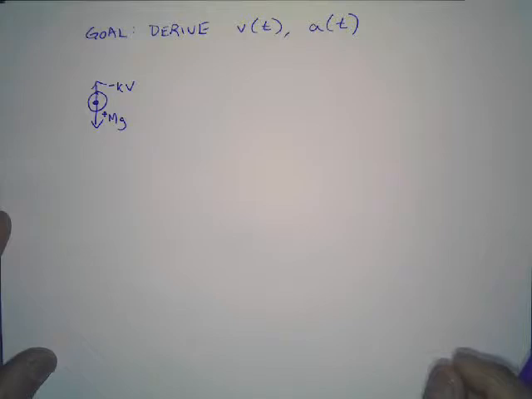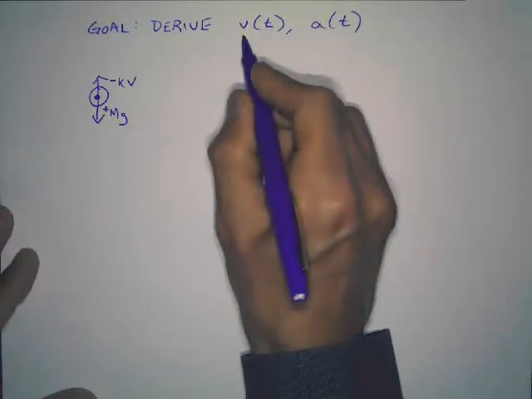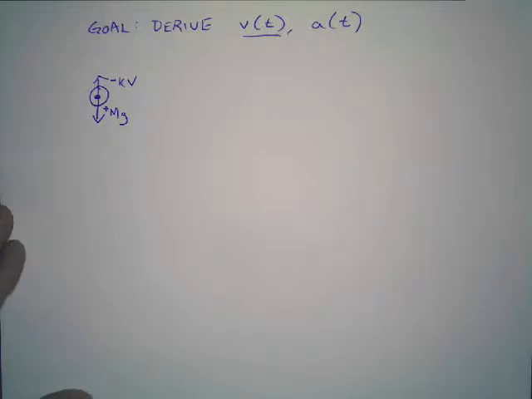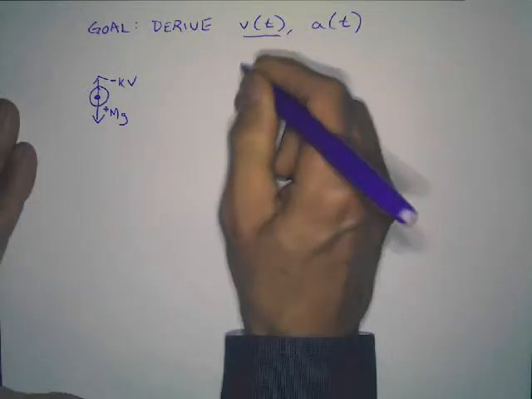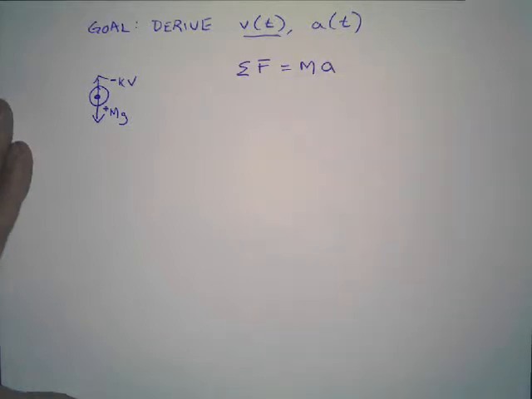I'm going to start with Newton's second law, and then I'm going to write it in a different way, which gives us something called a differential equation. And then we're going to solve it, and the solution is going to be the velocity as a function of time. So let me write Newton's second law the usual way, which is that the net force on the object is equal to mass times acceleration.